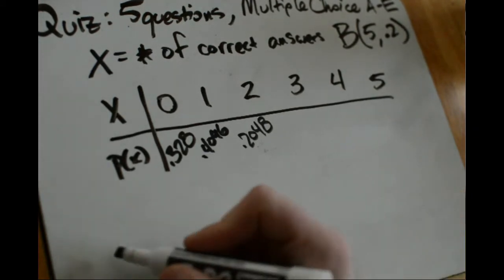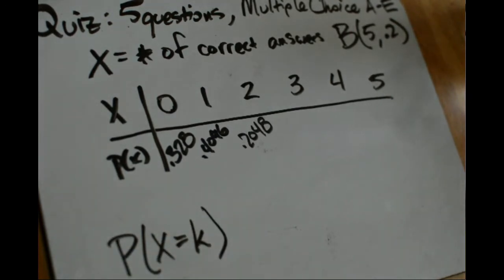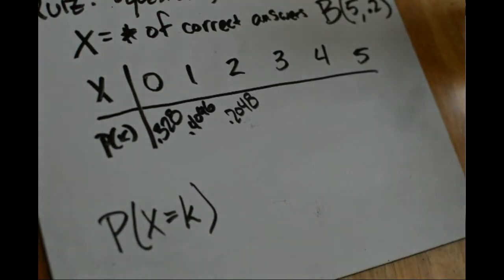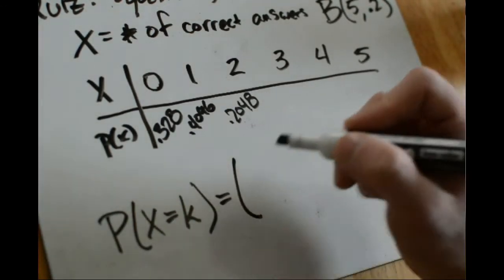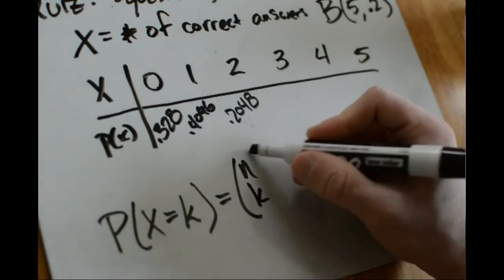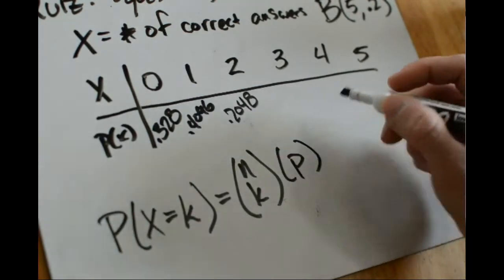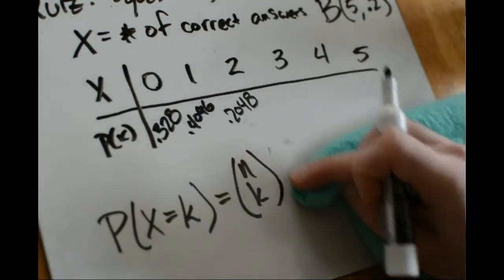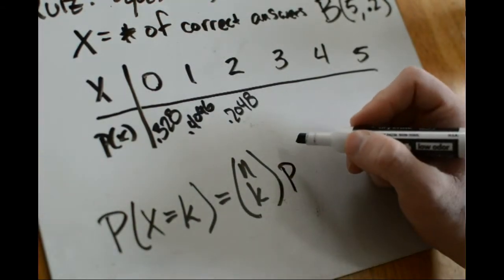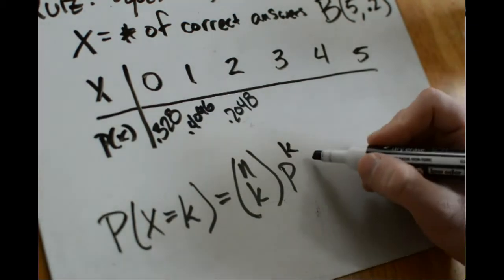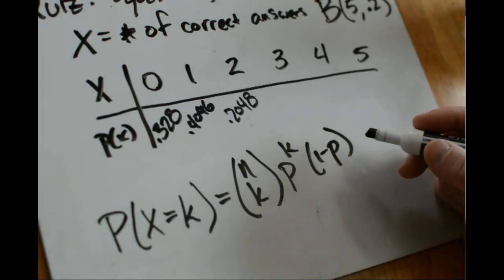For the binomial formula, what we're going to be looking at is the probability that we have k successes, where k is just some number from 0 through n. That would equal n choose k, how many ways to have that many successes, times p raised to the number of successes, which is k, and times 1 minus p, the probability of failure, to the number of failures that we have.